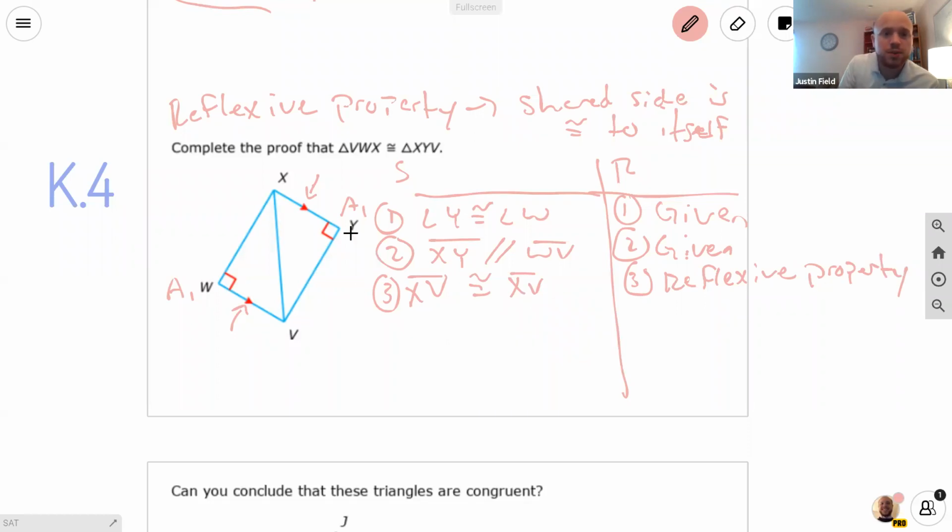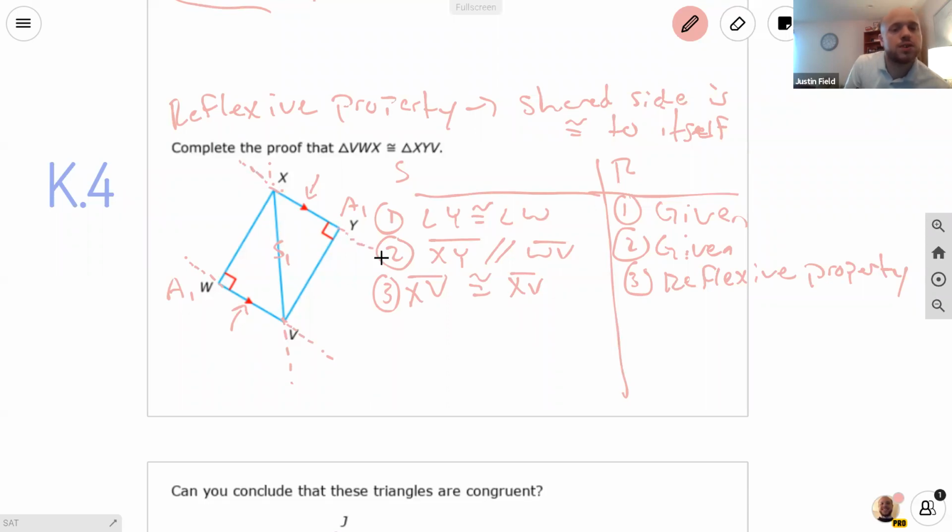Okay, so I'm going to mark that as a S1. So now I have an angle and I have a side. And because I have parallel lines, I can think of XV as, I'm going to extend it here. And I'm wondering if you remember parallel lines cut by a transversal.